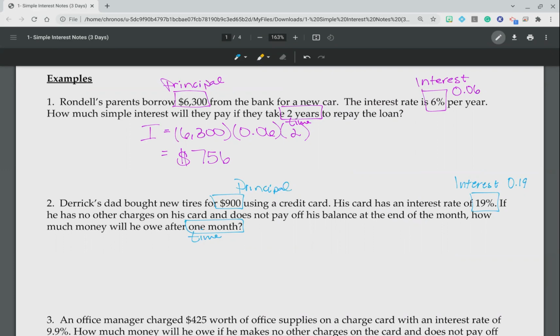So this is therefore going to be 1/12 of a year. So for my time, I need to use 1/12. My interest is equal to principal times rate times time. My principal was $900, my interest rate was 0.19, and my time in years is 1/12.